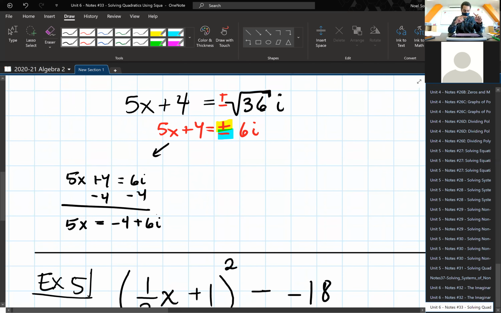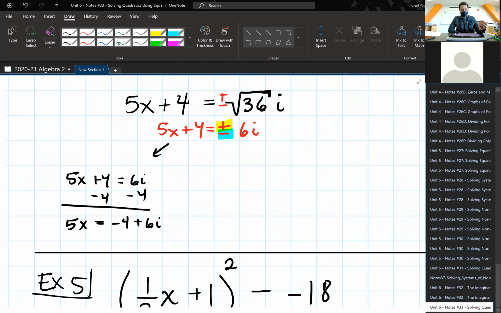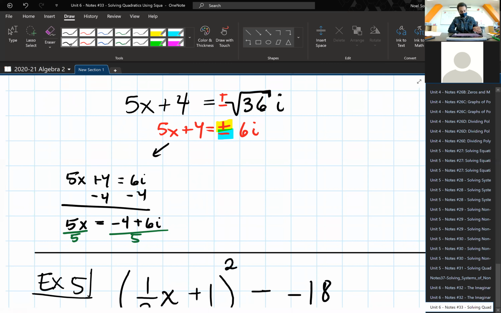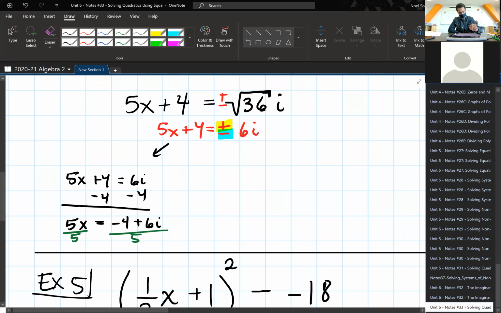You can't say, oh, negative 4 plus 6, make that 2, and it's 2i. Doesn't work that way. They have to stay separate. So it's negative 4 plus 6i. And then I still need to find my x value, so I would have to divide both sides by 5. So my first solution would be x equals negative 4 plus 6i all over 5.